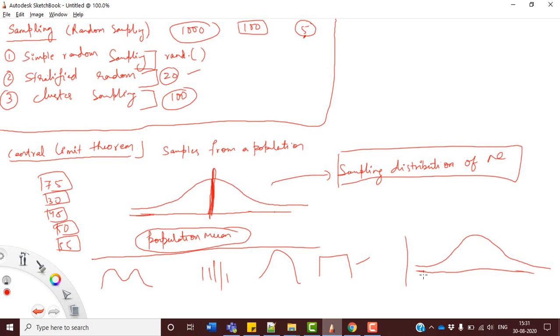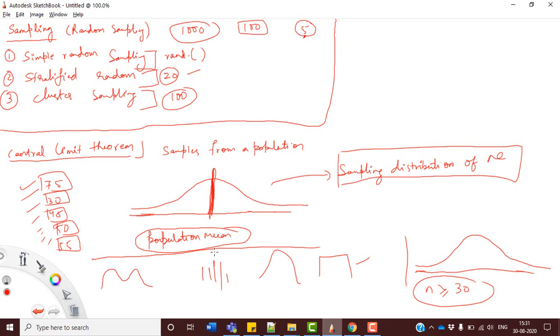This happens for a fairly good number of means that we extract, and that number is seen to be greater than or equal to 30. If you calculate the means 30 or more times, then it approaches near normality. So this is the central limit theorem.